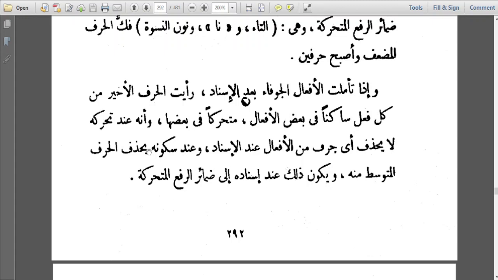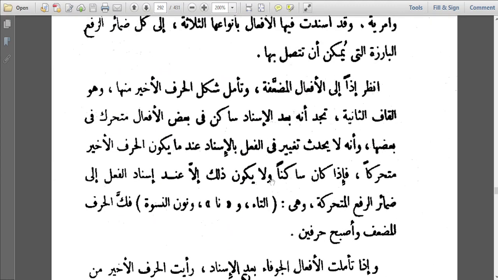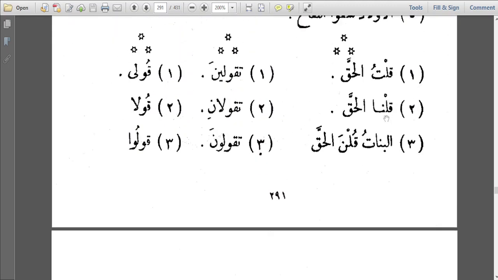Just وعند سكونه, when the lam is supposed to have sukun, يحذف الحرف المتوسط منه, the middle harf is deleted. ويكون ذلك عند إسناده إلى ضمائر الرفع المتحركة, and that happens when the fi'l is put into contact with ضمائر الرفع المتحركة, those that have vowels. Let's look at what he's saying practically.